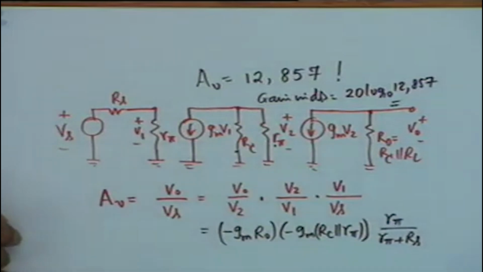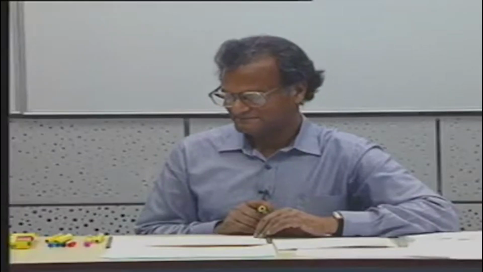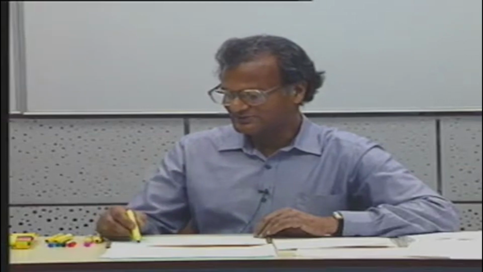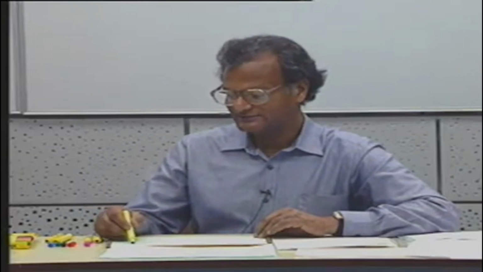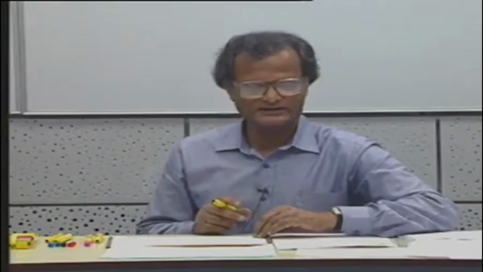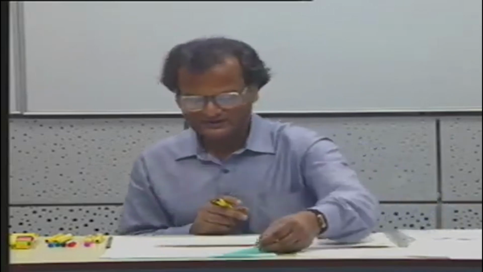How many decibels? What is your guess? This is more than 10 to the power 4, and therefore it is more than 80 dB. Okay, that is how usually electrical engineers express the gain.